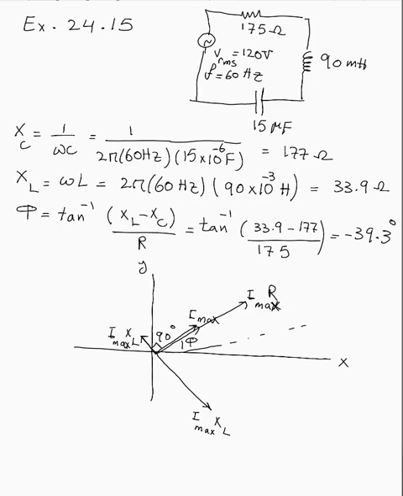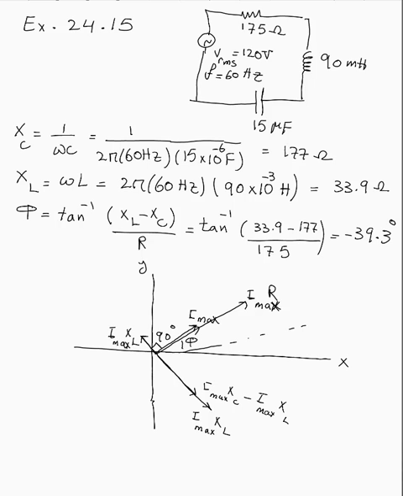Okay, let's try to find the difference between the vectors here. This is going to be I max XC minus I max XL. So I'm just subtracting the voltage across the capacitor and the voltage across the inductor.